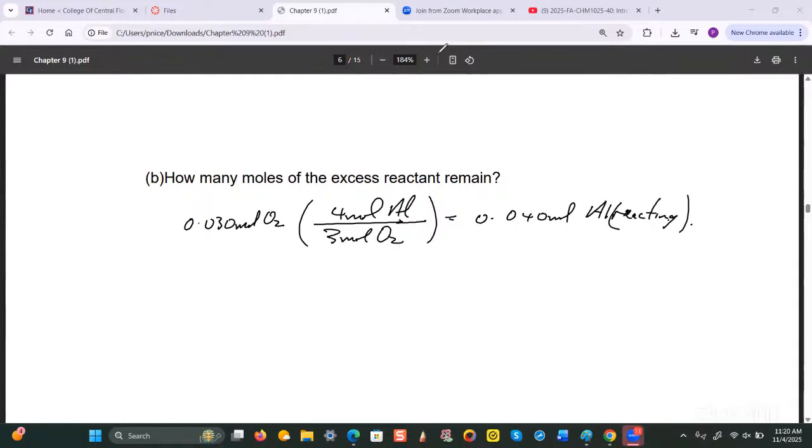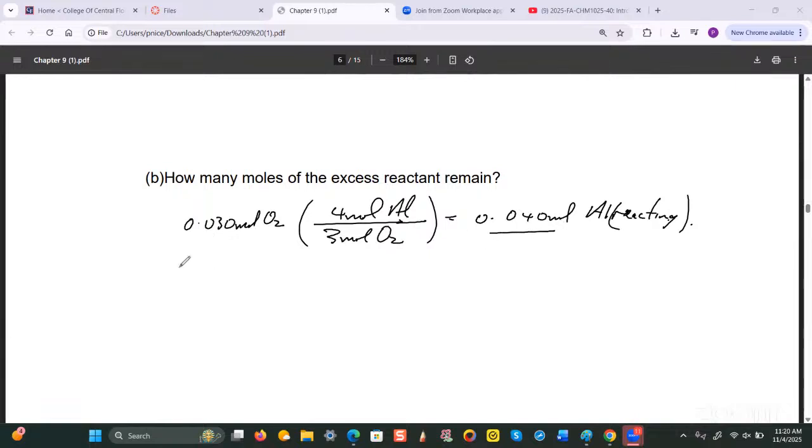Somebody's asking another question. Is reacting and reacted the same? Yeah, basically. Miss Cole is saying that we subtract from the original amount.